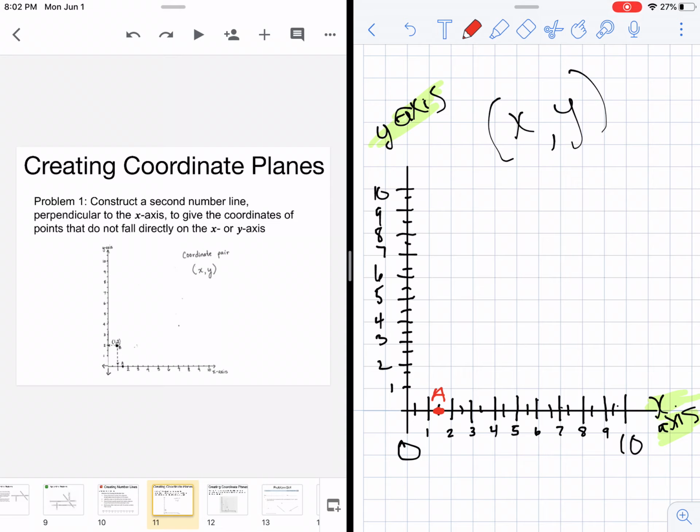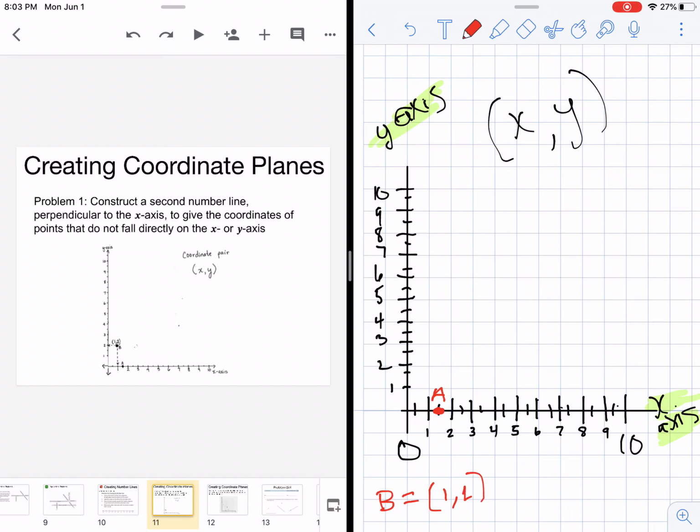Now I'm going to ask you to plot point B. The location of point B is going to be B equals 1, 2.